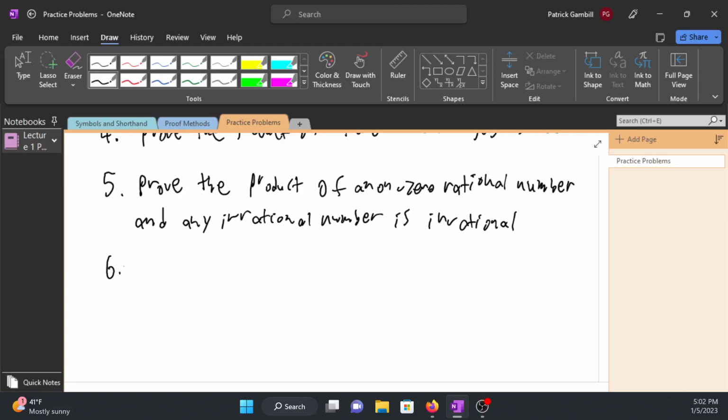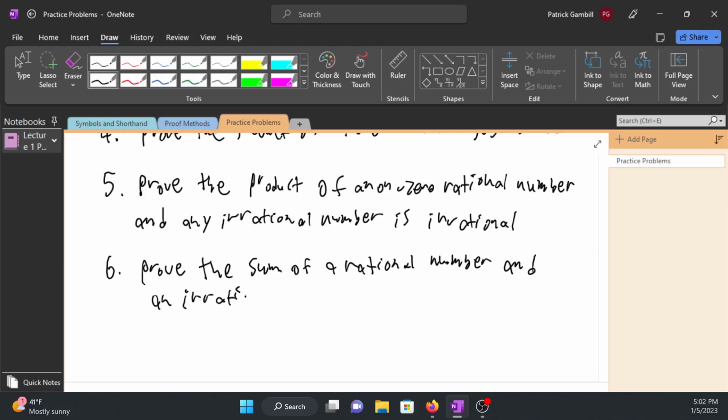Number 6, prove the sum of a rational number and an irrational number is irrational.